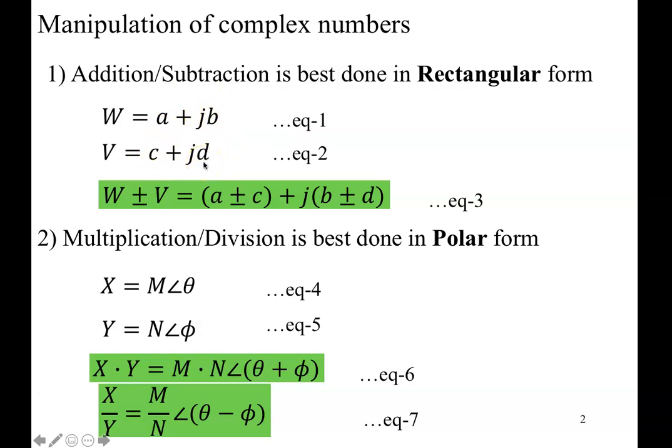If you want to subtract, you subtract the real part, you subtract the imaginary part. Okay, real part, imaginary part, they don't get mixed up. This is real, this is imaginary. You can't add real to imaginary. No, it doesn't work.